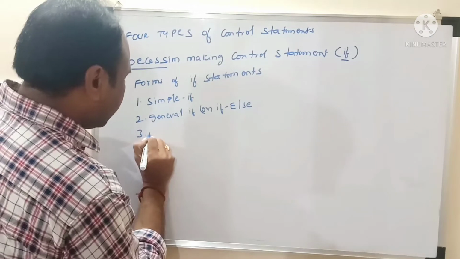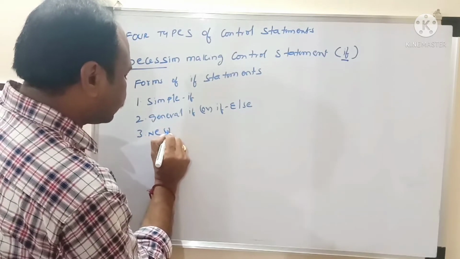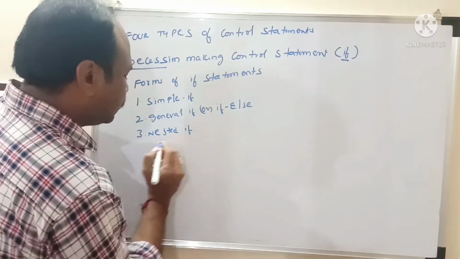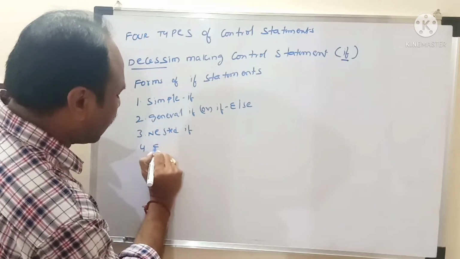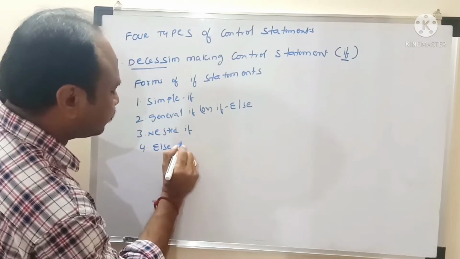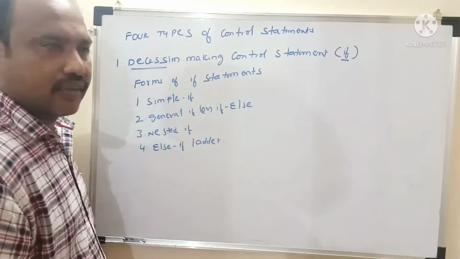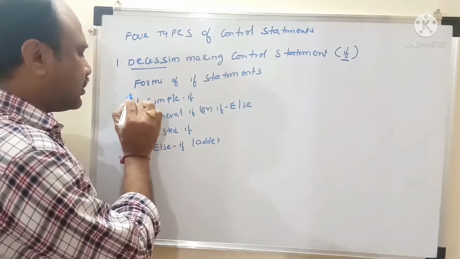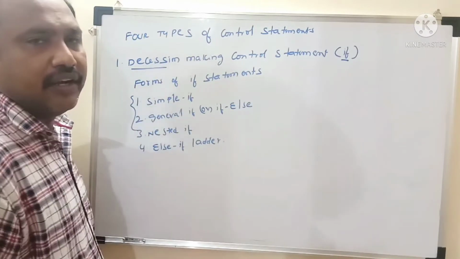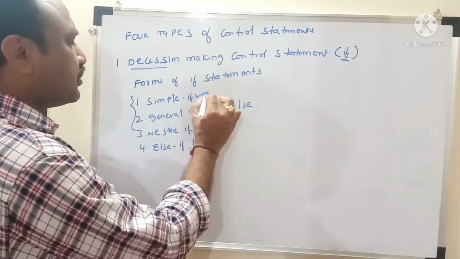Third one, nested if. Fourth one is else if ladder. We will discuss each one in detail. What is the first one? Simple if.